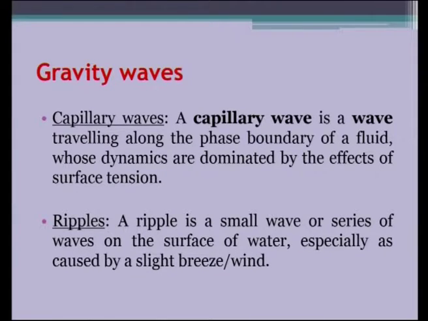When we come closer to the shore, a ripple is formed. This ripple is a small wave or series of waves on the surface of water, especially as caused by a slight breeze or wind.